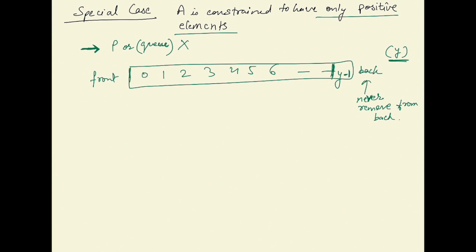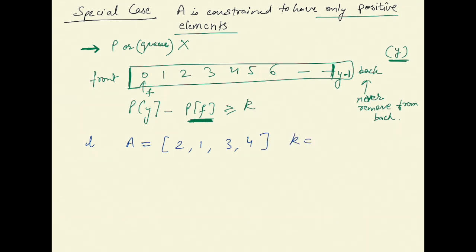And we have to remove from front if py minus the value at front, pf, is greater than or equal to k, then basically f is done and we can remove it. But we can achieve the same purpose by maintaining a pointer L. Let's say our a has only positive values 2, 1, 3, 4, and k is let's say 5.